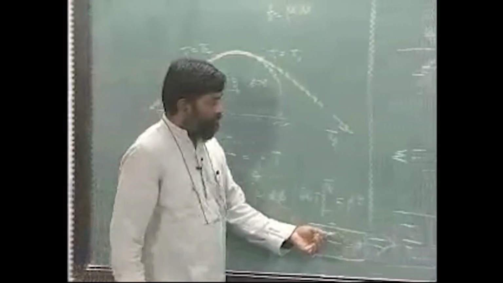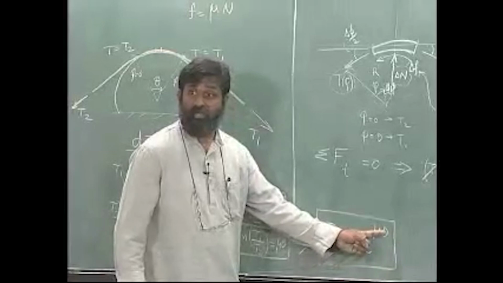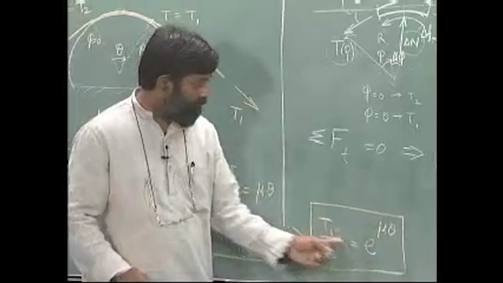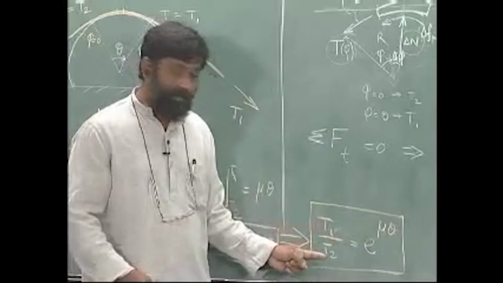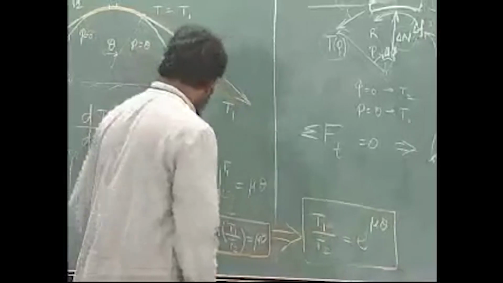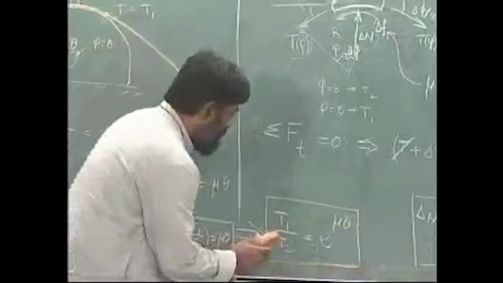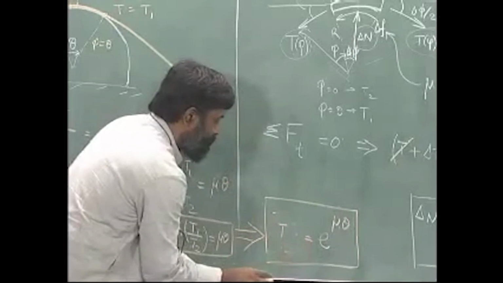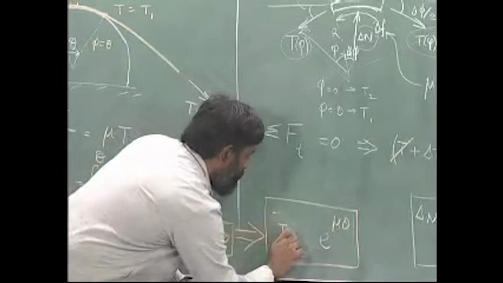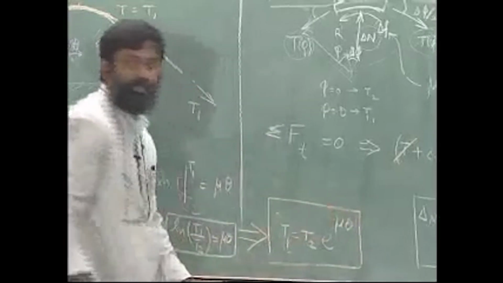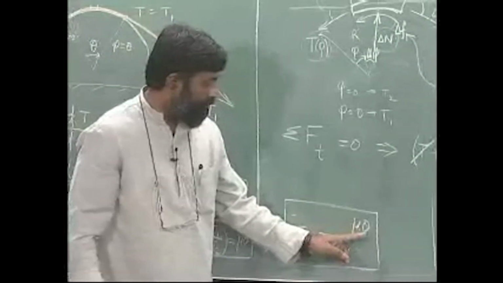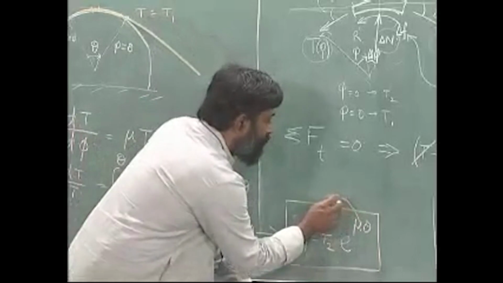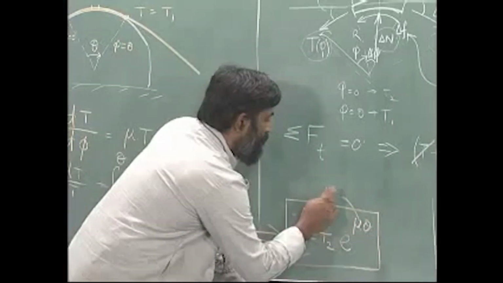Now remember, the ratio is an exponential of θ. So as θ increases gradually, T1 increases exponentially with respect to T2. Another way of writing this is T1 equals T2 times e raised to μθ.